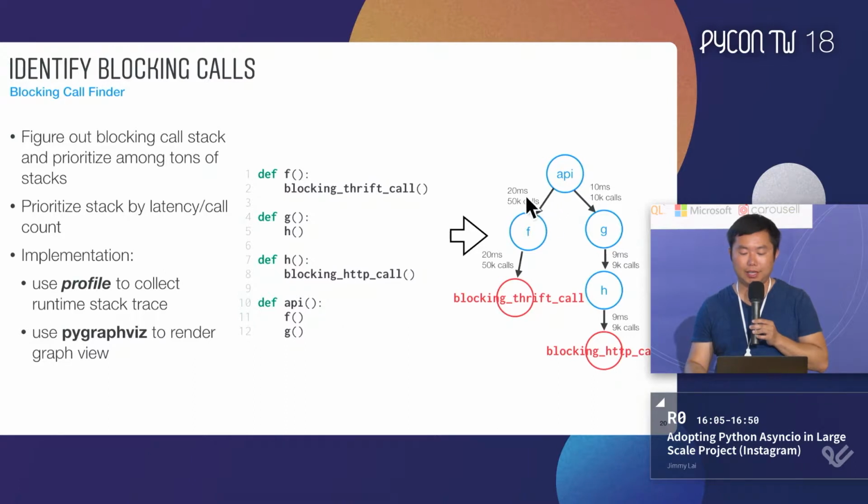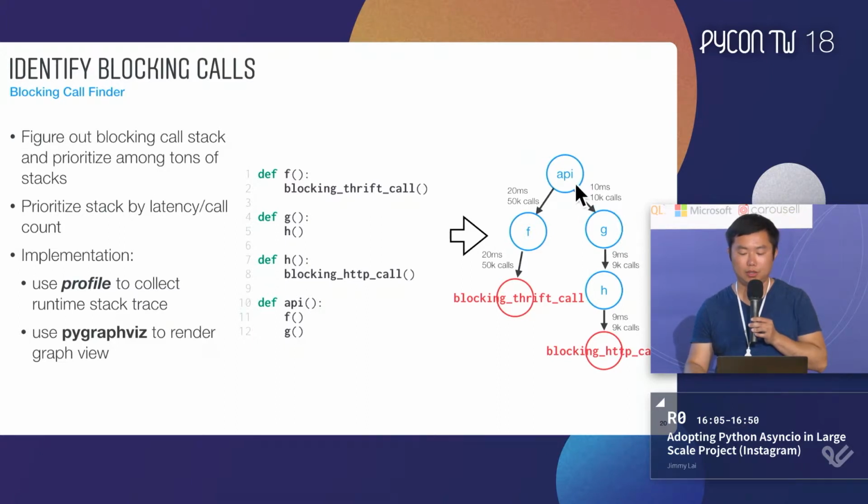In this case, you can see we also collect the latency in production and the number of calls. That means API calls F 50K times, and the average latency is 20 milliseconds, compared to the other stack, which is only 10 milliseconds and has fewer calls.